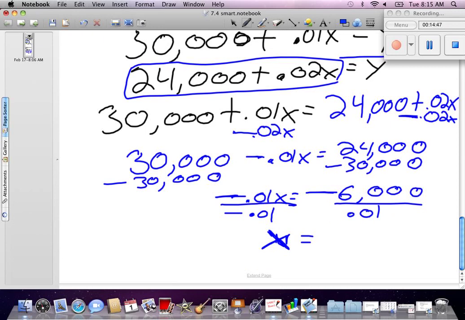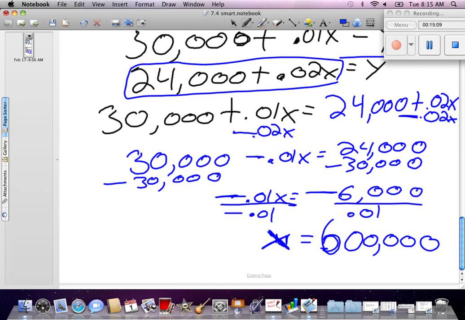So this is where I take out my calculator. And I get 600,000 is x.